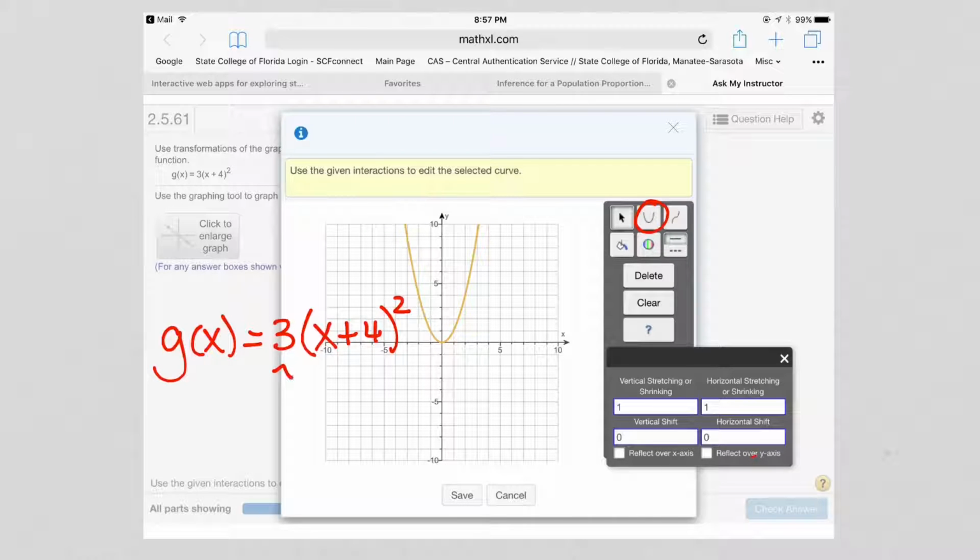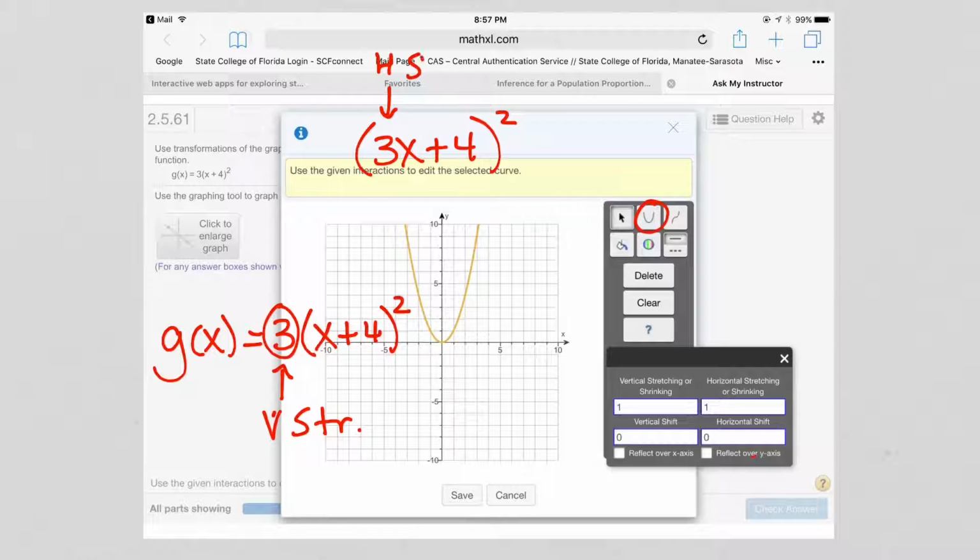So the 3 is a vertical stretch because it's multiplying and it's on the outside, which makes it vertical. If it were 3x plus 4 with the 3 inside and then squared, this would be a horizontal stretch.